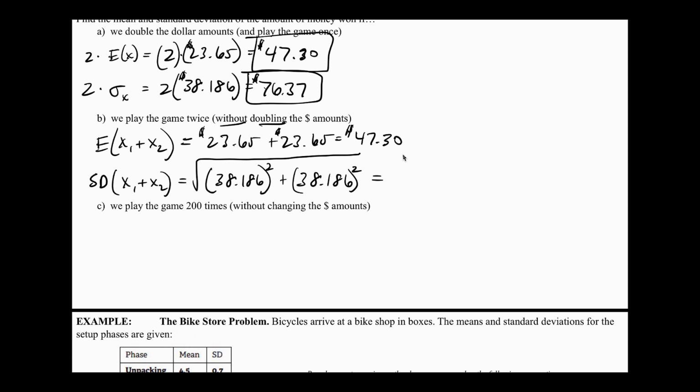That one's not going to be the same. So we'll just say 54.00. Square it, add them, find the square root.